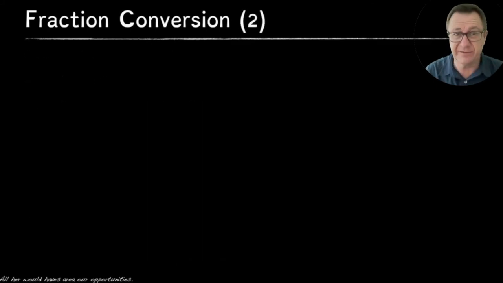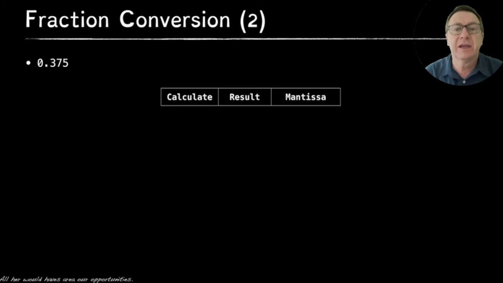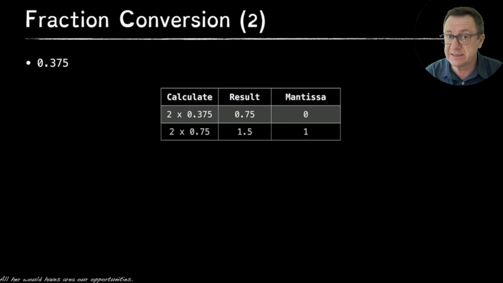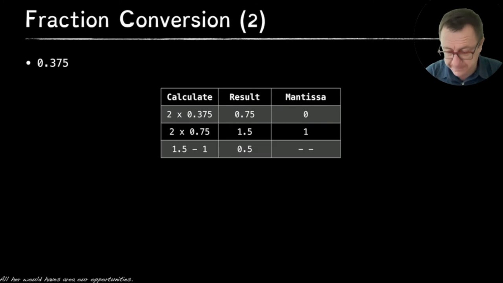And you're going, David, I'm a bit lost. Here we go. 0.375. We've got our calculation, the result, and the mantissa. So you remember what we did. 2 times 0.375 is 0.75. Our mantissa is 0. 2 times 0.75 is 1.5. Our mantissa is 1. The result was greater than 1, remember? So 1.5 subtract 1 is 0.5.